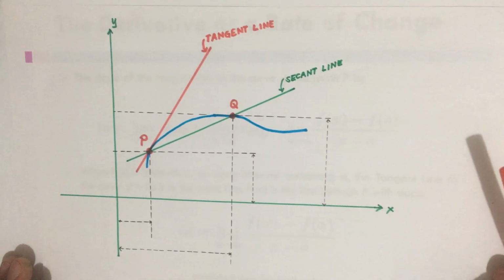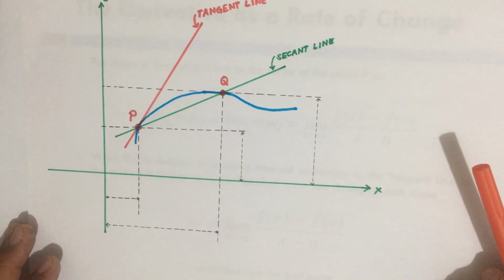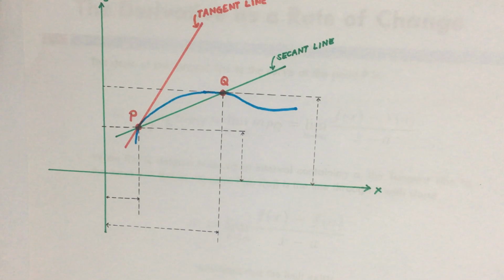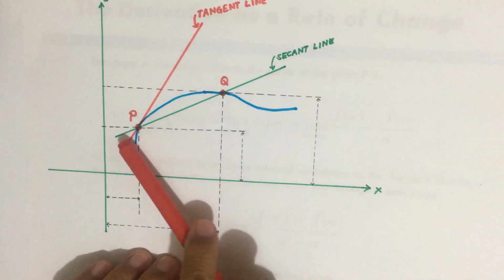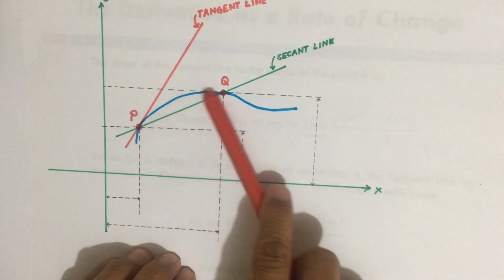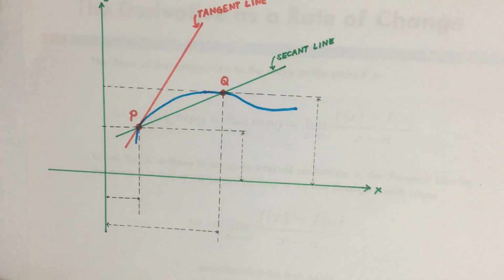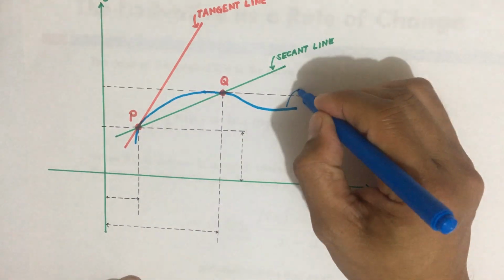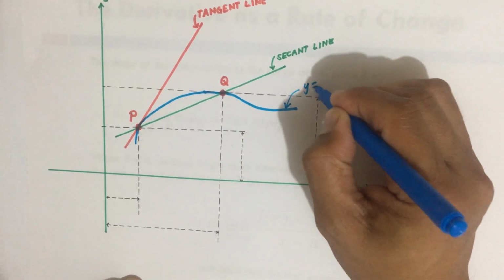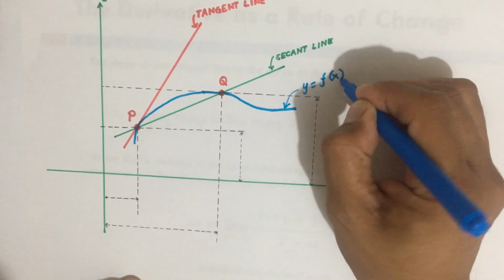To understand more about this, I will show you the graph, how this expression is derived. Here in our graph, we have point Q and point P. This line intersects the curve, the graph of our function y equal to f of x.